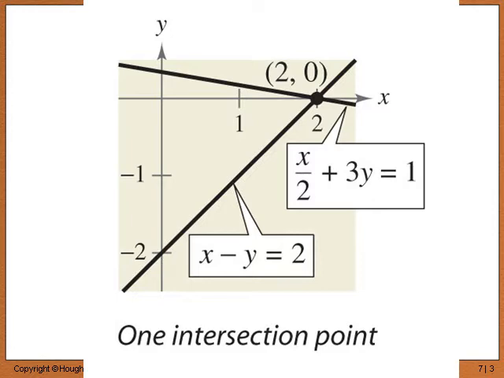But the main point of this graph is that the intersection point is the solution of this system. This is a system that has one solution because one ordered pair satisfies the system.